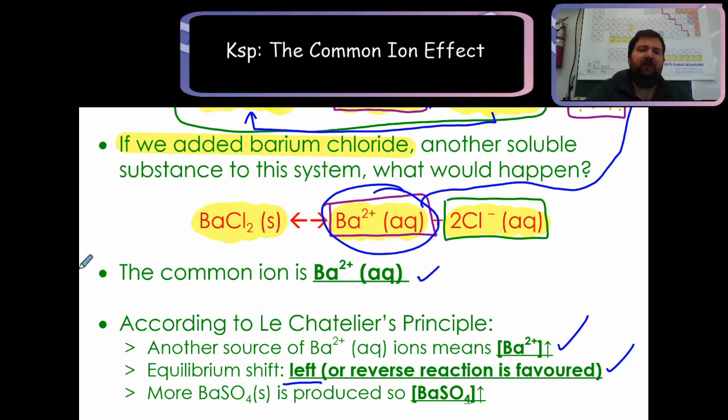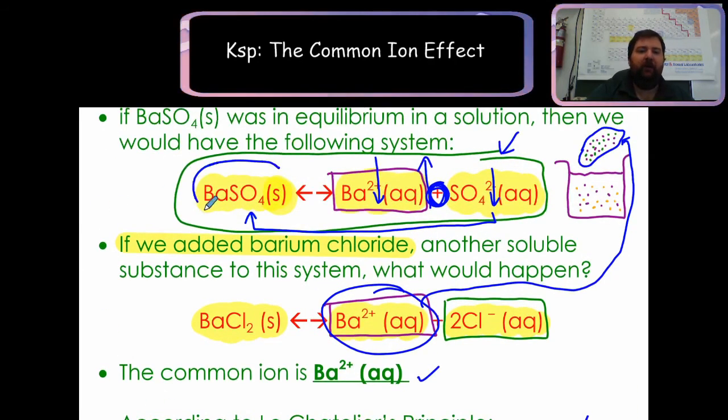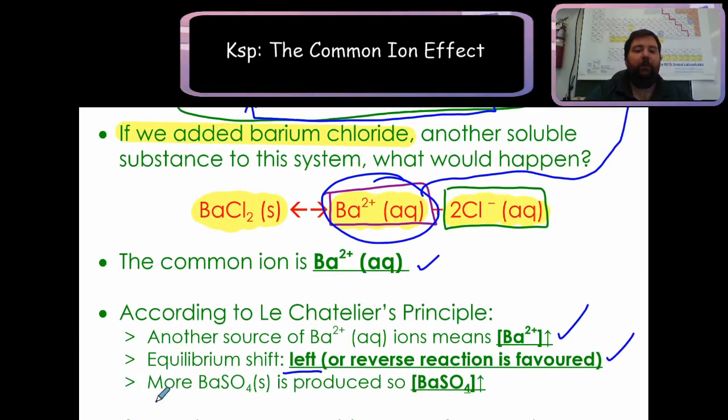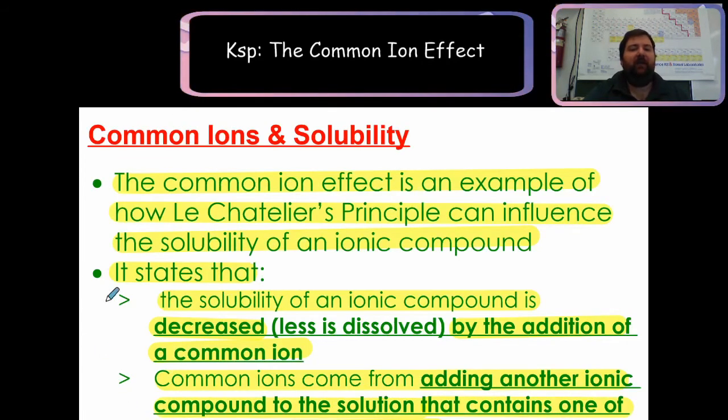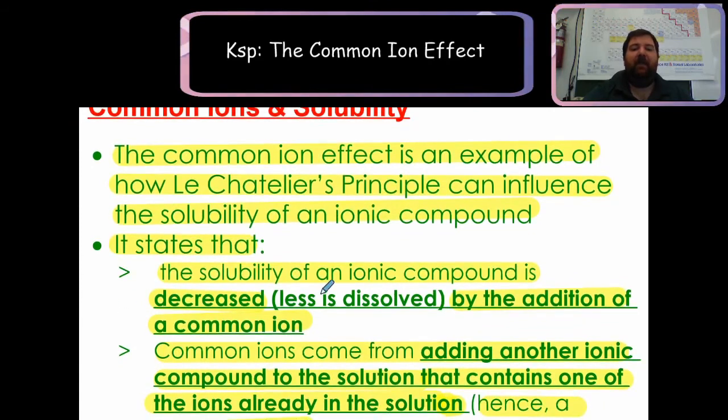If we shift to the left, then what are we going to create? Barium sulfate. If more barium sulfate is produced, then the concentration of barium sulfate is going to go up. Now, in the previous slide, we said that adding a common ion is going to cause the solubility to decrease.